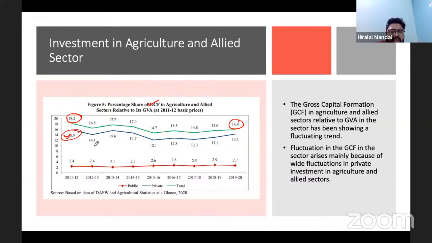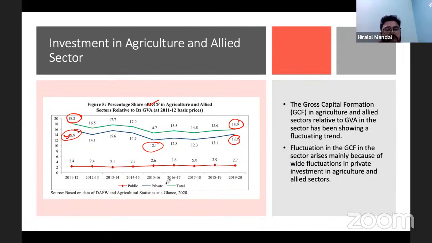But again, because of the fluctuation and the lack of reform, it went down at one point to 12.1%, and then it started recovering. It could have gone further, but because we have already revoked the laws, it will take some more time to increase the gross capital formation and investment in the agriculture sector.